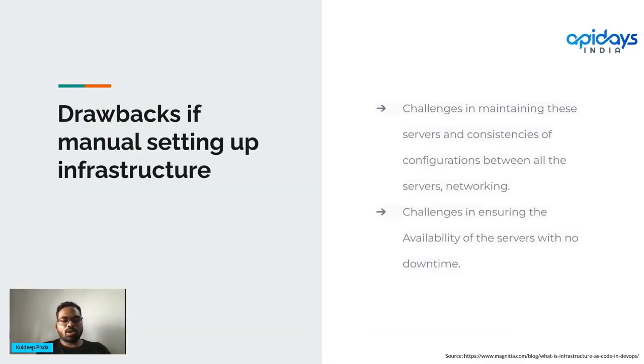So yeah, let's talk about the drawbacks if you are manually setting up the infrastructure. The challenge in maintaining these servers and the consistency of configuration between all the servers and networking is often the most common one. For example, you want to have a staging environment and you want to have a production environment. So what you want is to have a clone of the production environment, but with a different configuration, right?